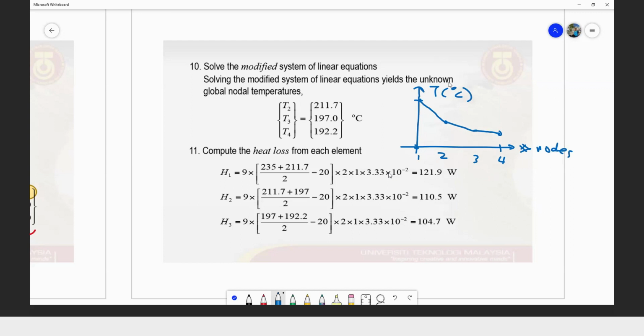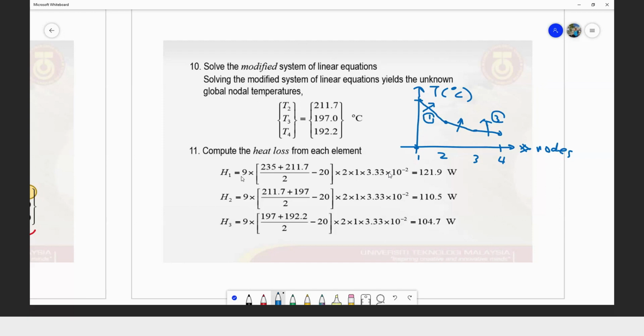So when you have this, you should be able to compute the heat loss from each element. So untuk elemen 1, you can actually determine how much the heat loss in element number 1, in element number 2, and in element number 3 as well.